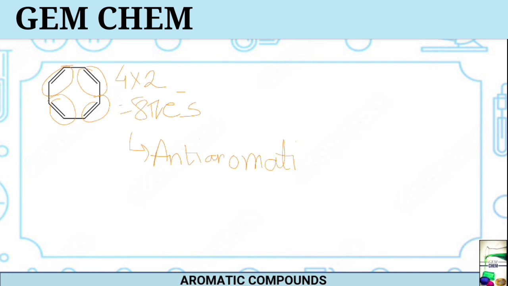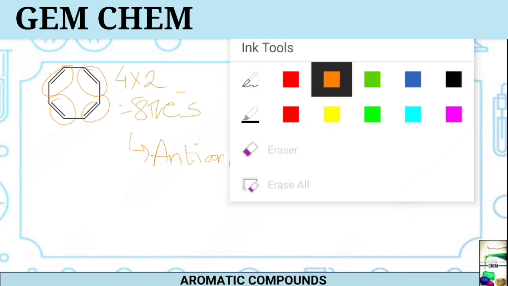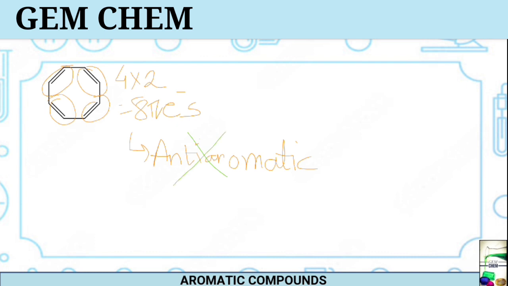But if you write this as anti-aromatic, you have gone wrong. Why is this so? If you see the actual structure of this 1,3,5,7-cyclooctatetraene, you can see that it forms a tub-shaped structure. That is, the structure is not at all planar. It is highly unstable and highly reactive, and it looks like this.